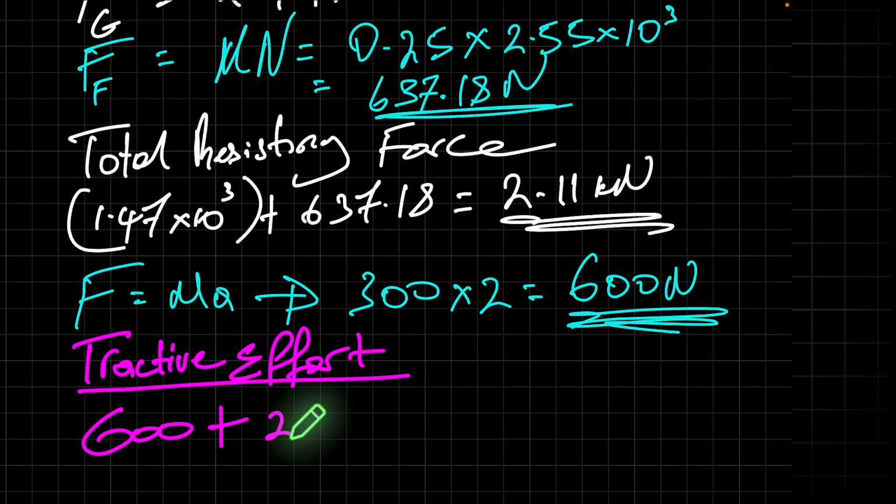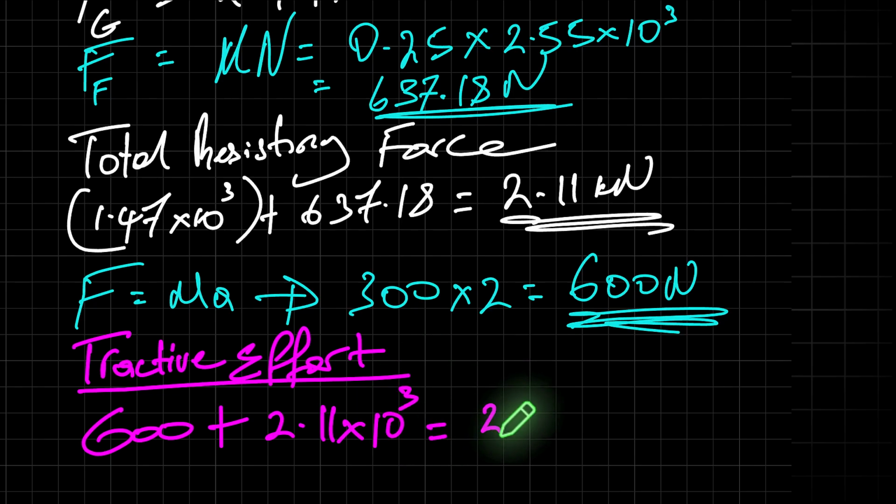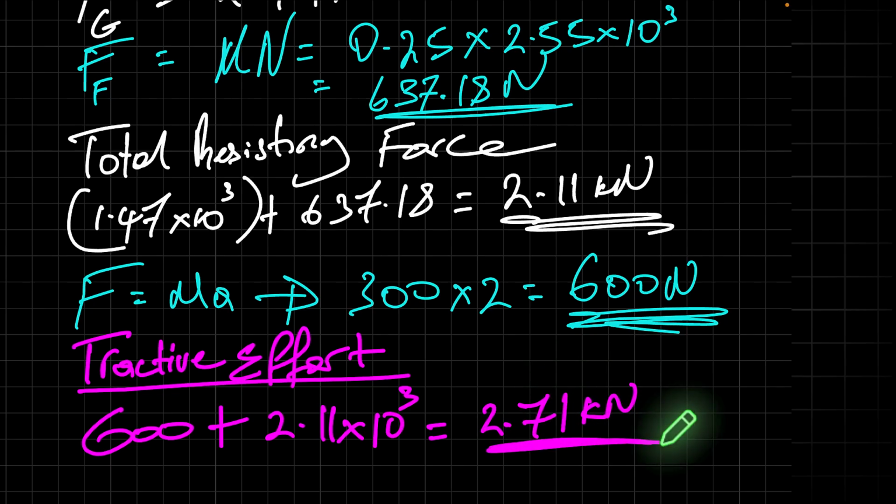So that was 2.11 kilonewtons, so times 10 to the power of 3, and that gives us a grand total of 2.71 kilonewtons for our tractive effort. So that's the total amount of effort required for this thing to get moving.